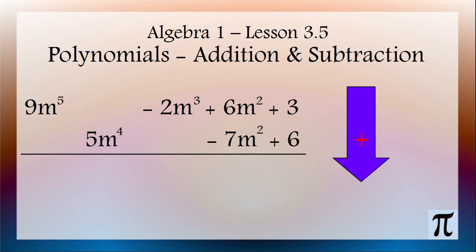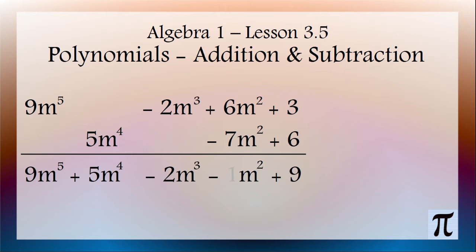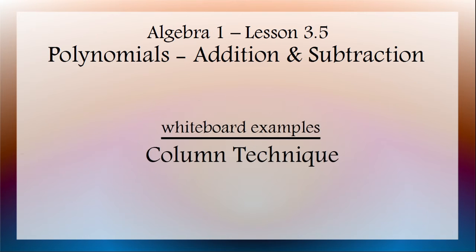Then you would just add downward for each like term. This results in 9m to the 5th plus 5m to the 4th minus 2m cubed minus m squared plus 9. This simplifies the problem when you have a lot of terms and all you need to worry about are combining the like terms. Let's do a couple examples over on the whiteboard.